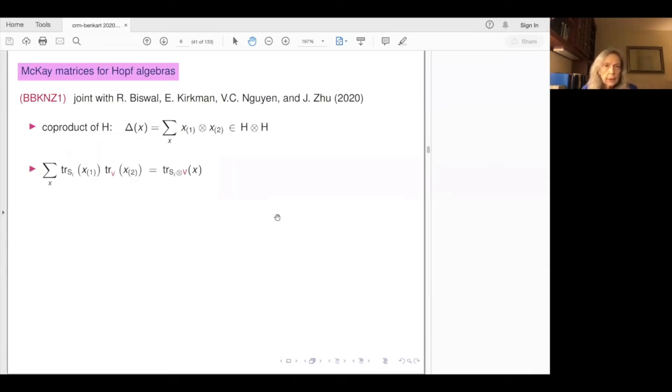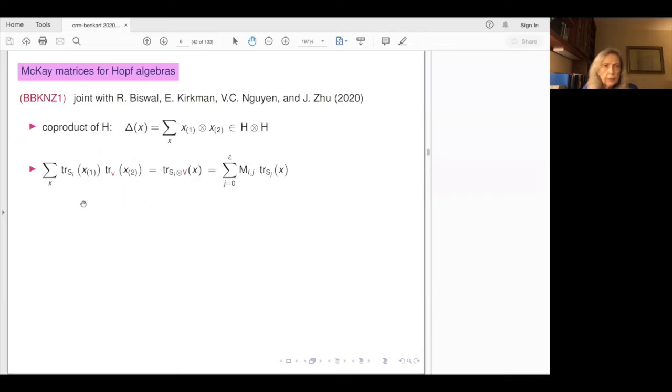So I'm going to apply this element x to the tensor product S_i tensor V. And what I get is a sum of products of traces on these factors. And on the other side, I'll just get the multiplicities, the M_ijs, times the traces of S_j.